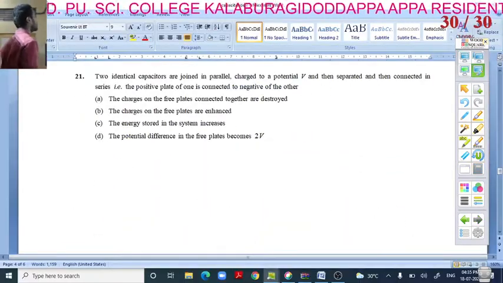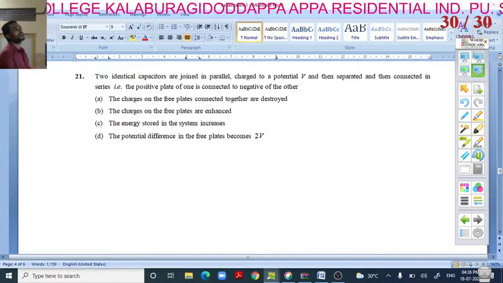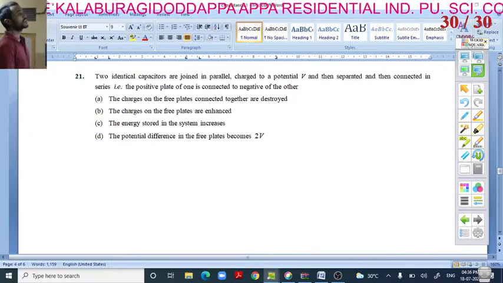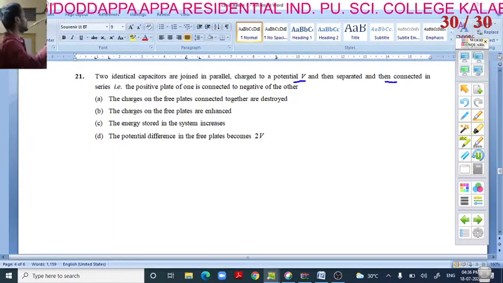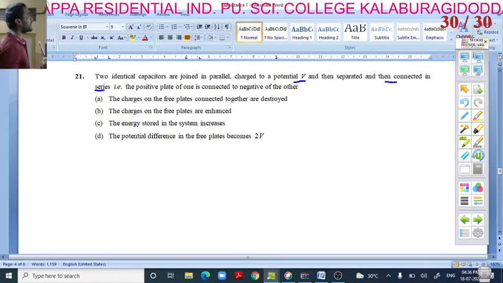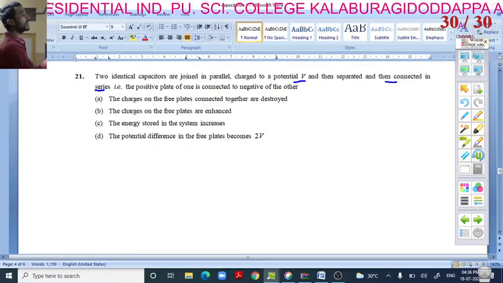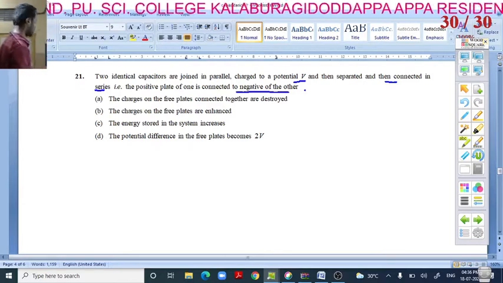Next. Two identical capacitors are joined in parallel, charged to a potential V, then separated, then connected in series. That is, the positive plate of one is connected to the negative of the other.